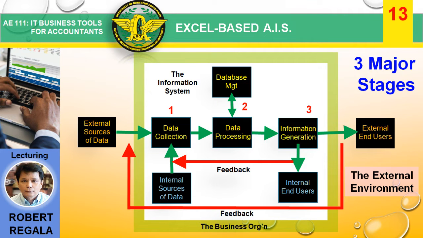Internal feedback from the information will initiate the inventory ordering process to replenish the inventories. Similarly, external feedback about the level of uncollected customer accounts can be used to adjust the organization's credit policies.